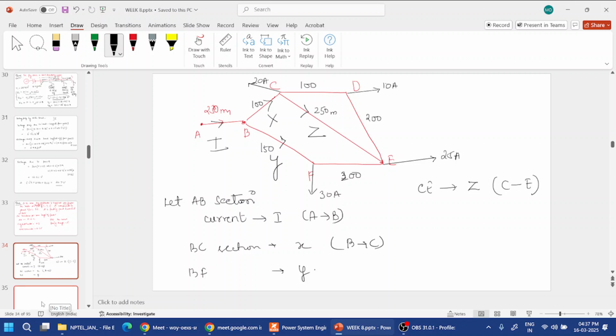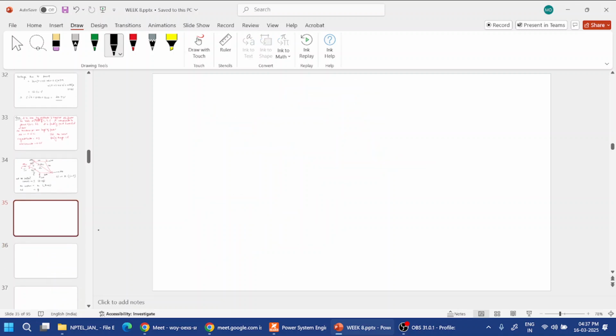So we will apply KVL in B, C, E, F, B. Okay, apply KVL in B, C, E, F, B. What will it do?